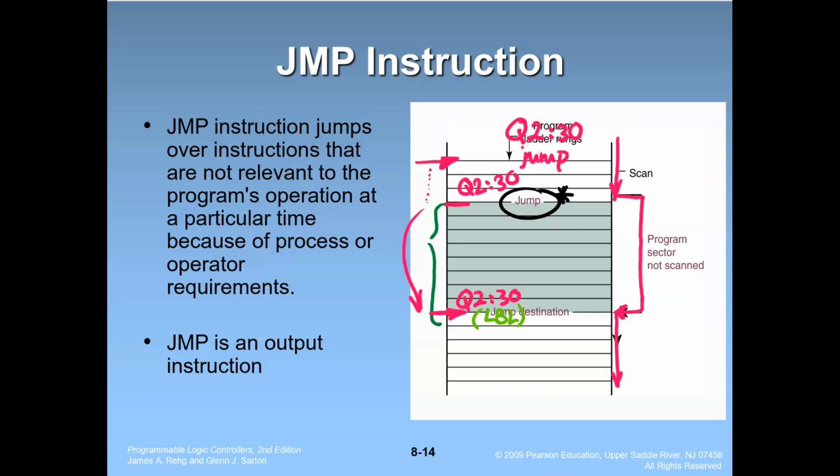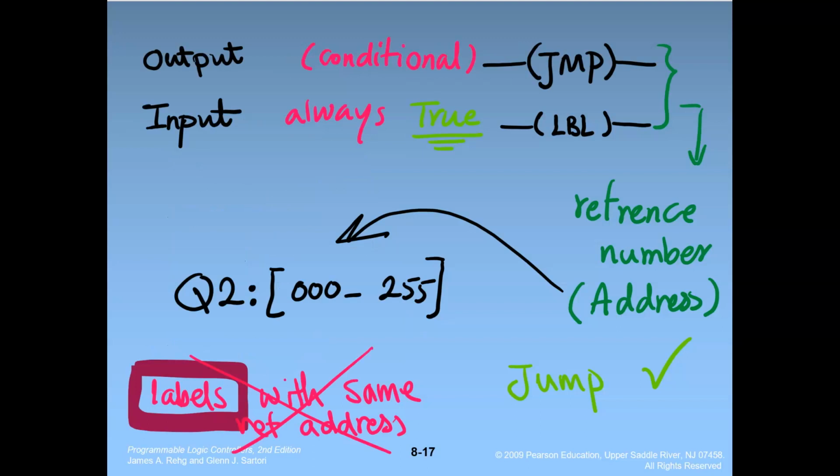Now, something else that you should remember is that the label instruction always comes at the beginning of the rung. Even though it is an input, it's not an input that you can decide to put anywhere in your rung. The label should always be the very first instruction of the rung, and it is always true.